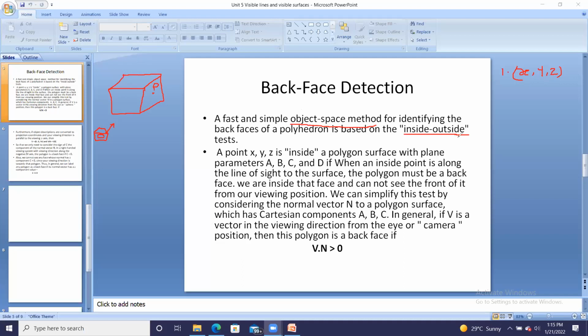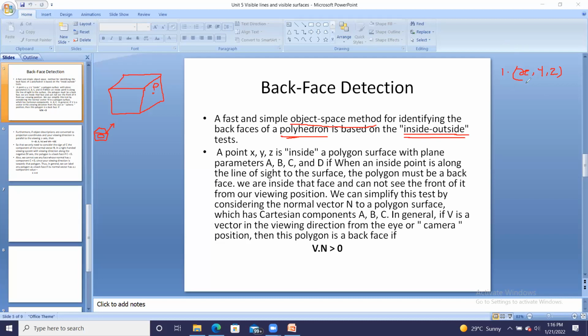So this is the very important thing, that in that particular polyhedron it checks whether the point lies inside or outside. That is the first thing. So it carries out this inside outside test for this point P. Now consider this point P having x, y, z coordinate.